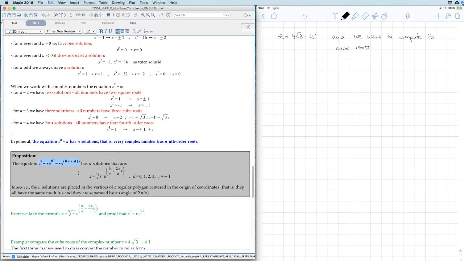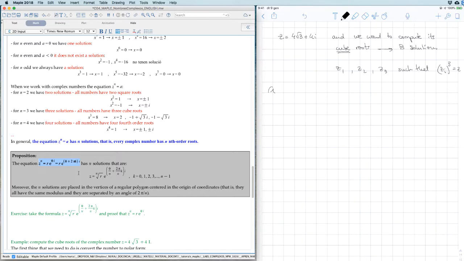As we know, we have three solutions, because we are dealing with cube roots. So in this case, we look for z1, z2, and z3 such that when I raise any of these numbers to the power 3, we get the original number.